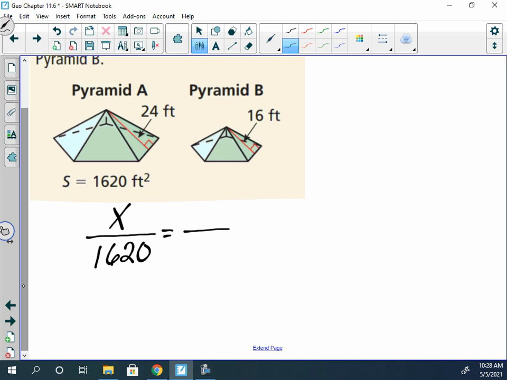Surface area over surface area is equal to anything else we need to do? The 16 over 24 needs to be squared so that we have them in the same type of unit, squared and squared.